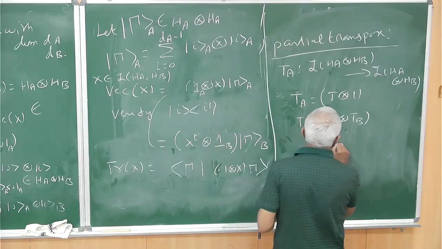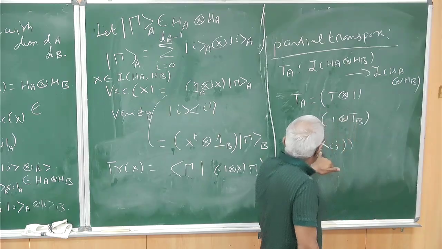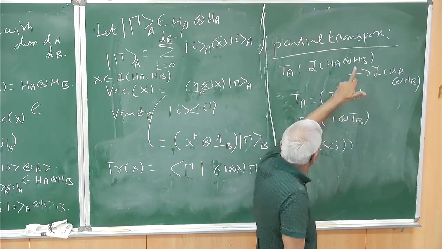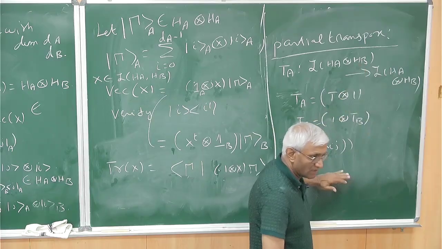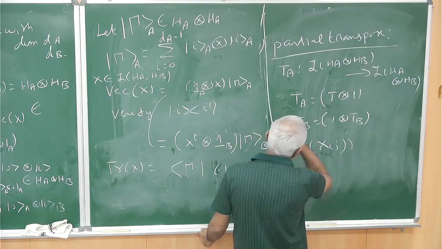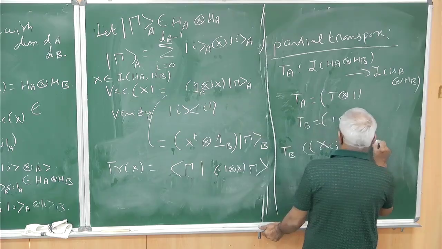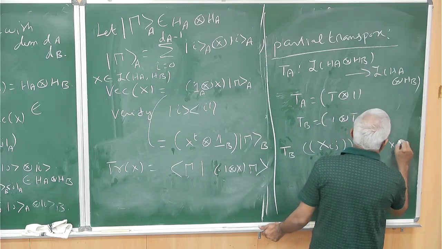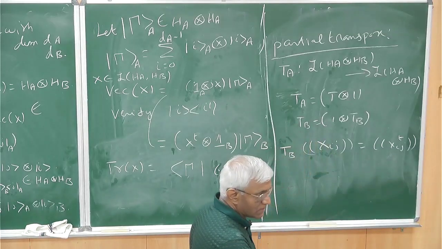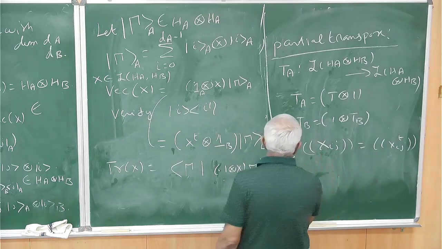If you have Xij matrices, which are dA cross dA matrices, with Xij coming from dB cross dB matrices, and you want to take the transpose in the second entry, then each one of them is just Xij transpose. You have to take the transpose of each one of them, which is just 1 tensor TB. That is clear. But what is TA tensor TB?